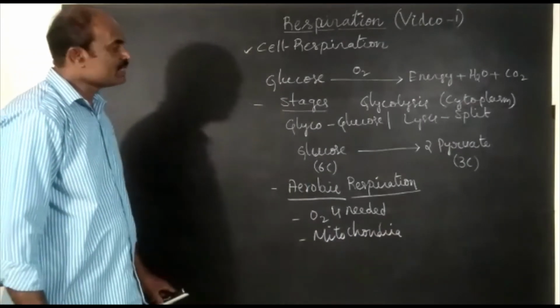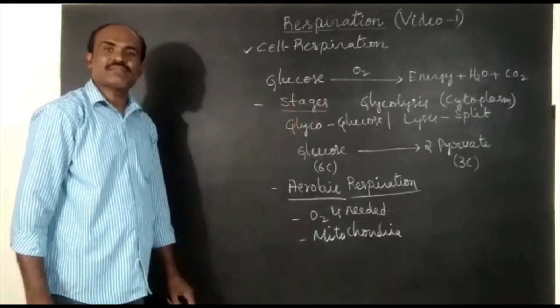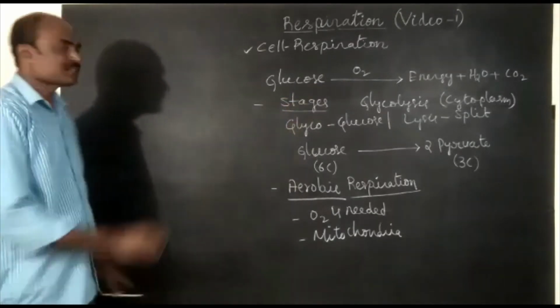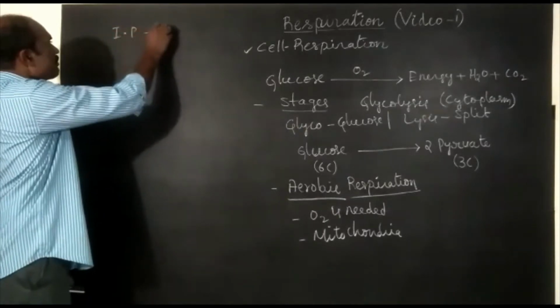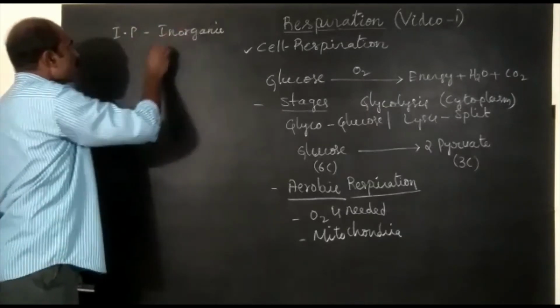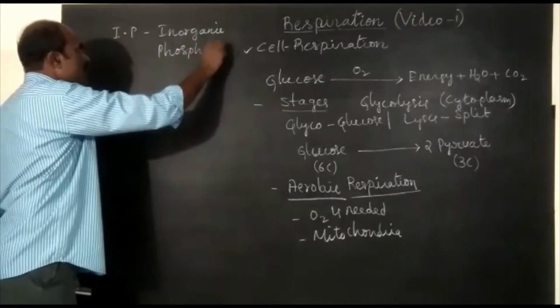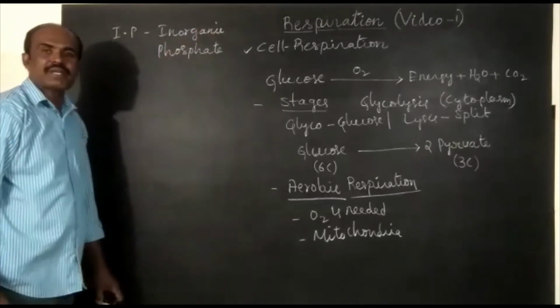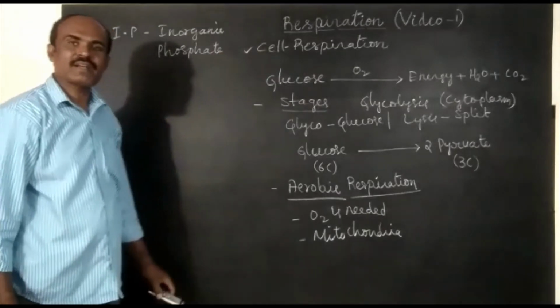Now let us study the released energy is in the form of inorganic phosphate. Inorganic phosphate, IP. I means inorganic, P means phosphate. Be very careful. Energy is released in the form of inorganic phosphate.